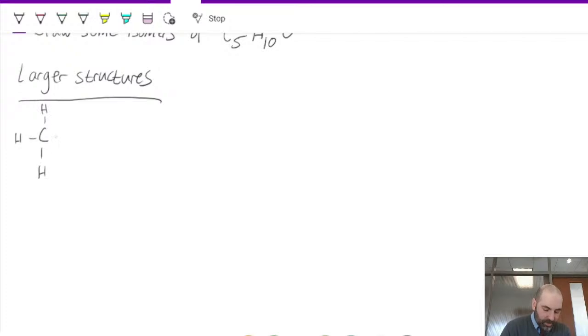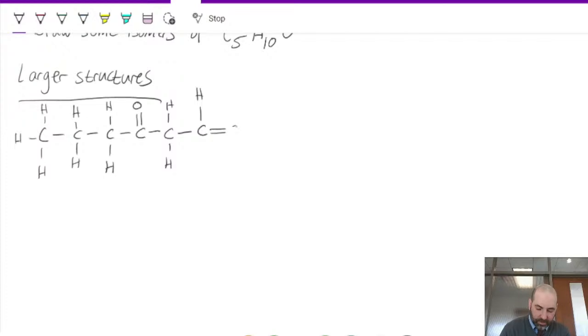So I've got carbon with some hydrogens, another one. This carbon, we're going to have a double bond oxygen coming off of it. Then the next one, back to 2 hydrogens, and then 1 hydrogen, and then a double bond with 2 hydrogens.